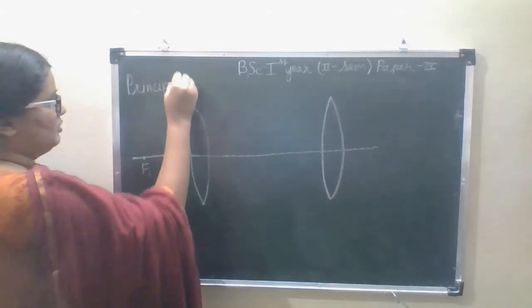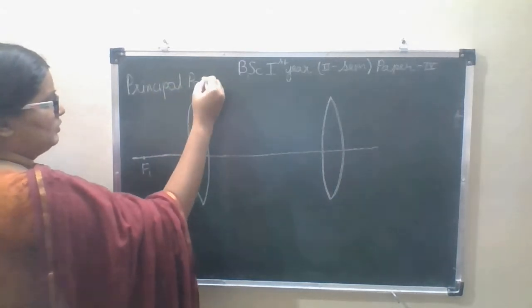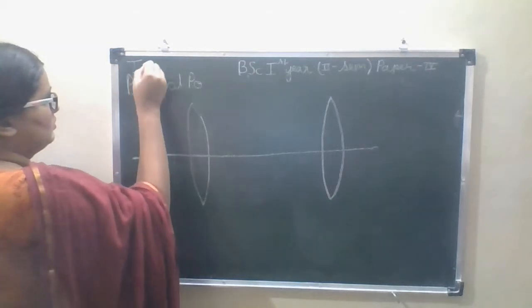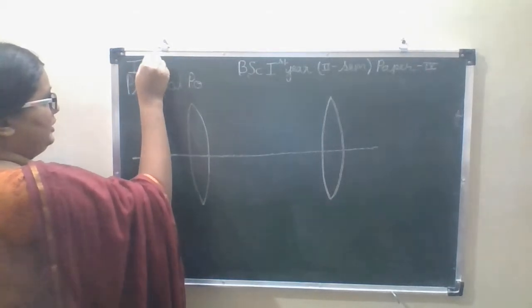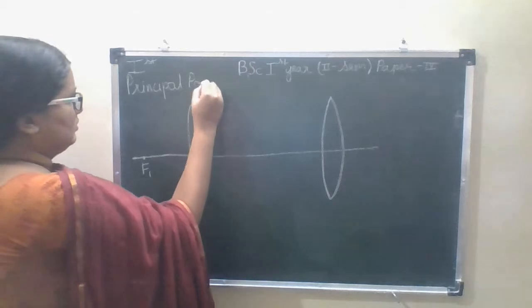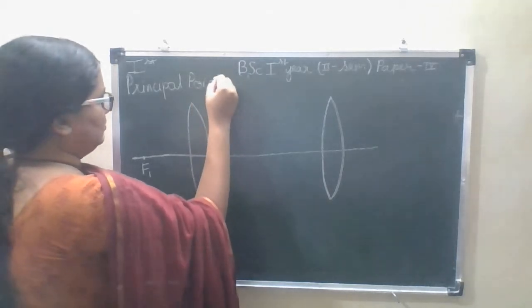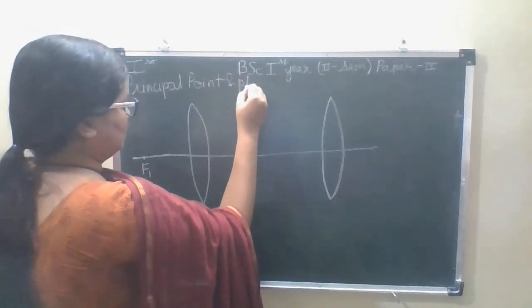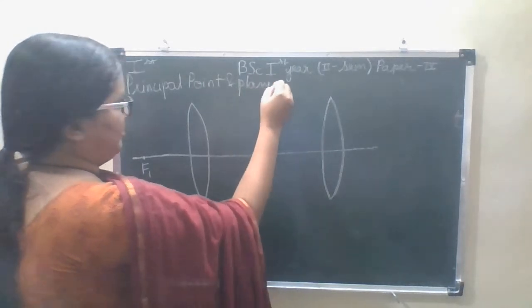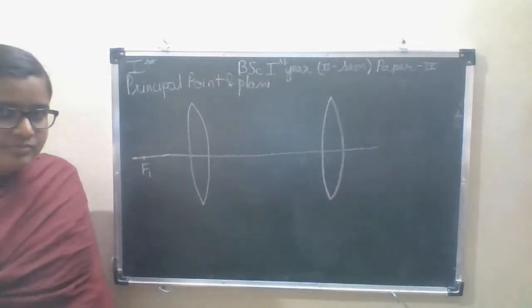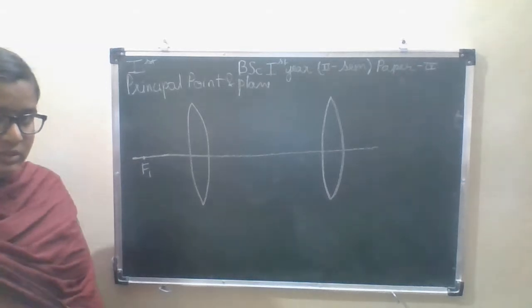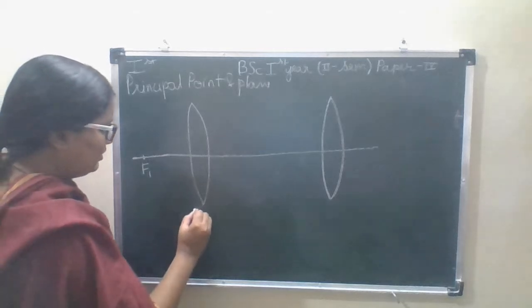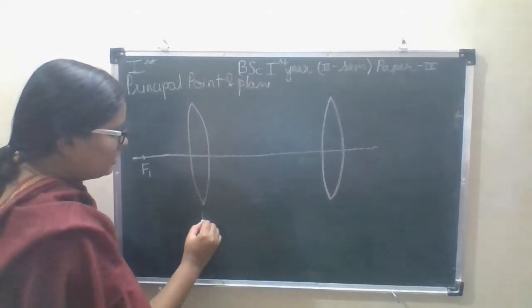So this is the first principal point and plane. Now we are considering this point. This is the distance between the two lenses.